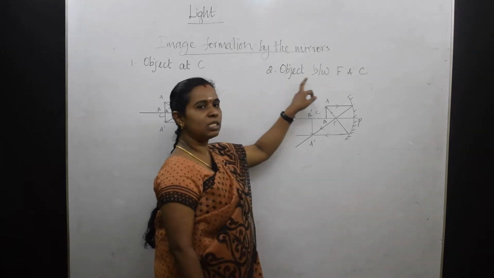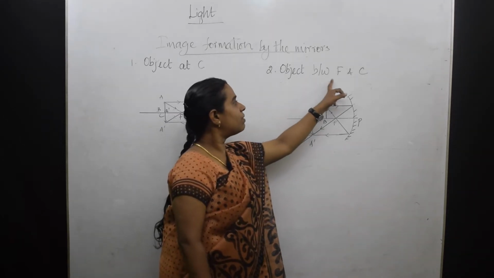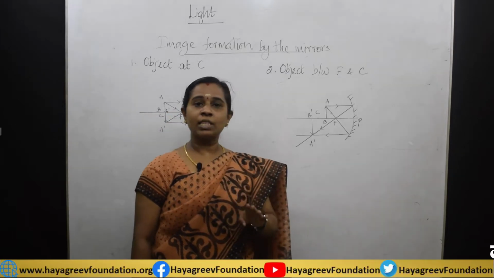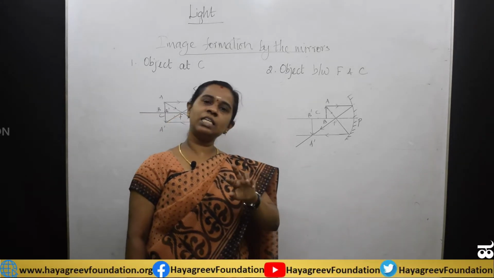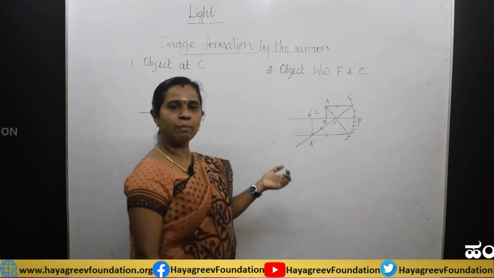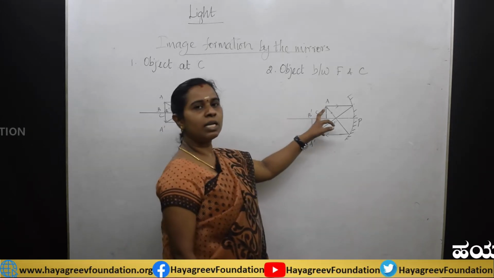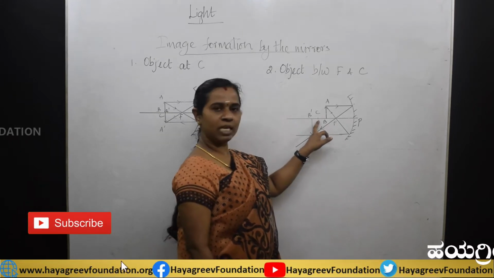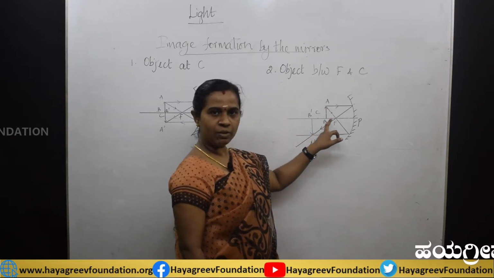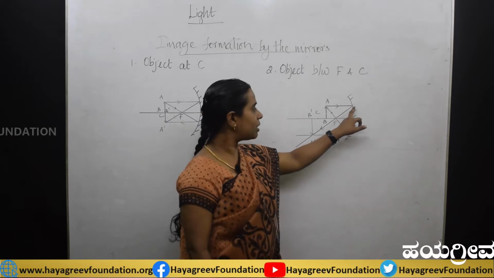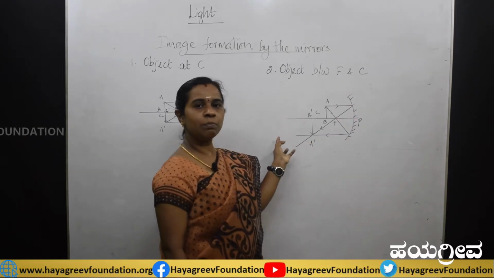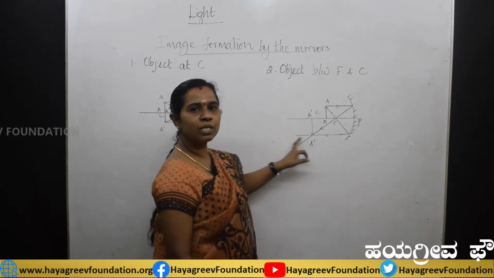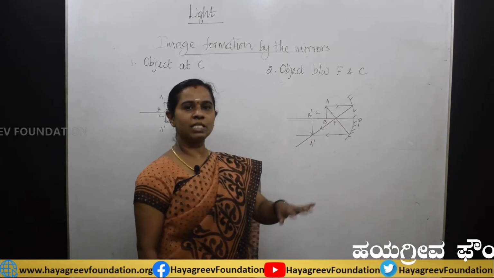Third is the object kept between the principal focus and center of curvature. I already taught you 4 rays. Of those, any 2 rays you can use for image formation. Commonly we will use the parallel ray. The object I kept between F and C. The object is A B. First ray is the parallel ray. After reflection it passes through the principal focus. The next ray is the one passing through the principal focus. After reflection it will pass parallel to the principal axis.